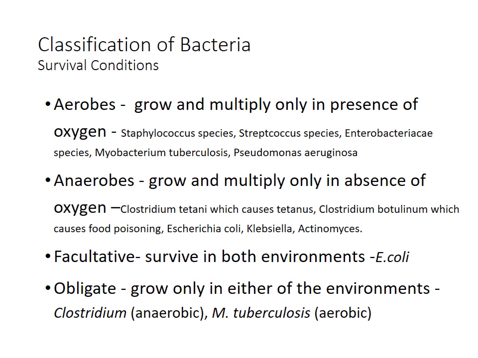They can survive in the absence of oxygen also, and they are called anaerobes. Classical examples are Clostridium tetani, which causes tetanus, Clostridium botulinum, which causes food poisoning, E. coli, Klebsiella, and Actinomyces.